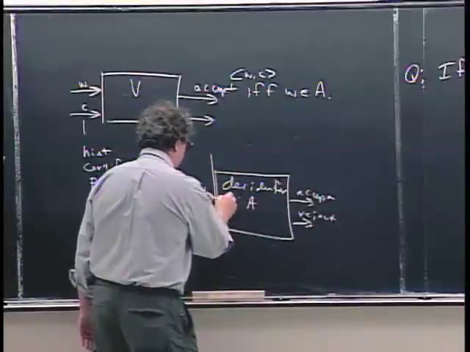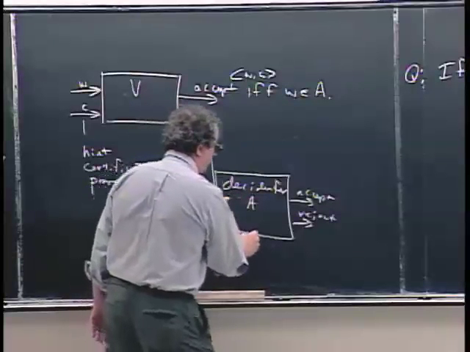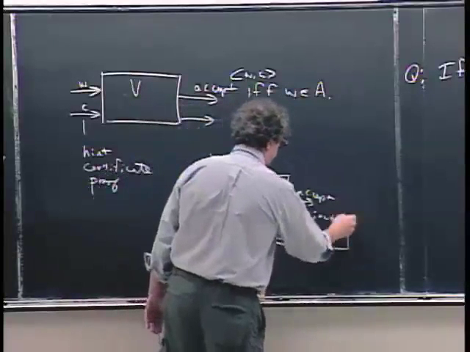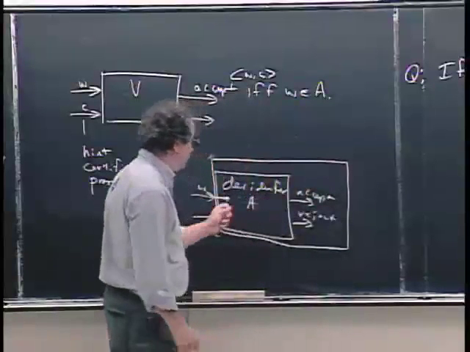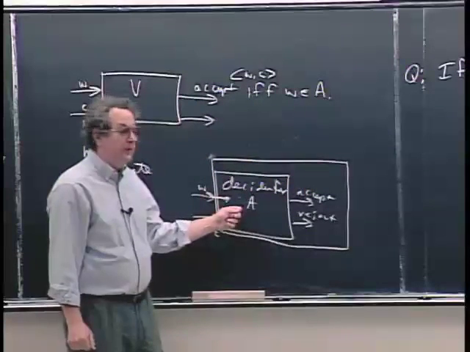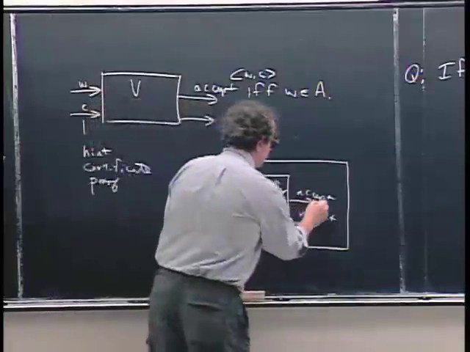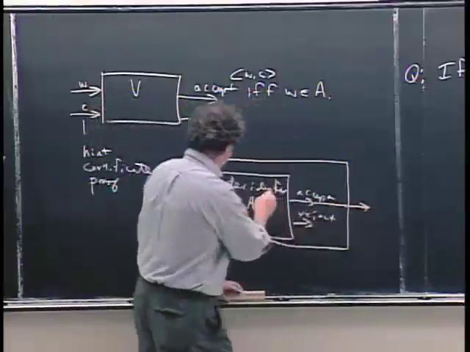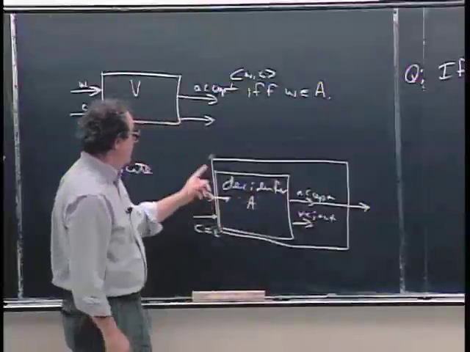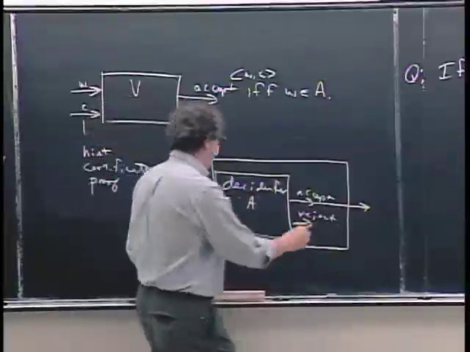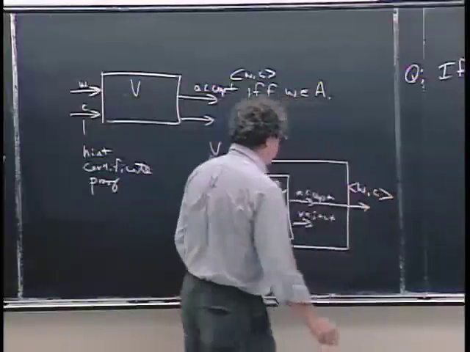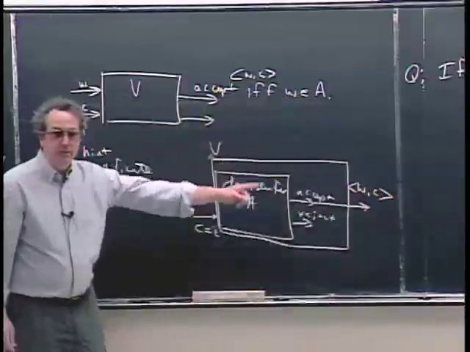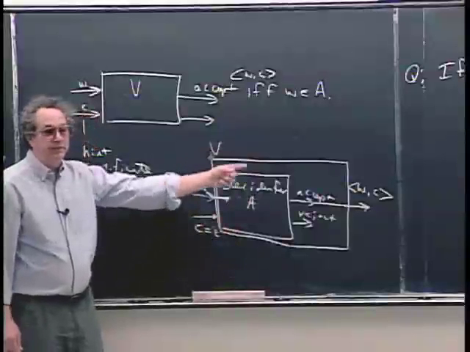This one takes in W and accepts or rejects based on looking at W. And if the decider accepts W, then the verifier accepts WC.